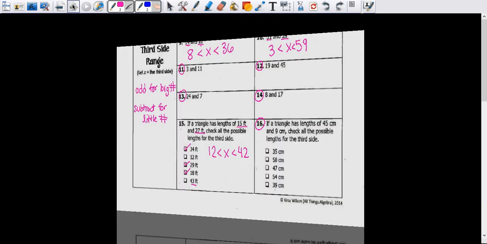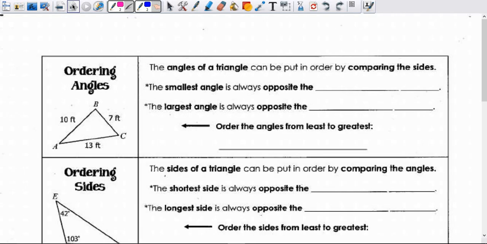All right. So now the last part that you will have to do with the triangle inequality theorem is order angles or order the sides. So the angles of a triangle can be put in order by comparing the sides. The smallest angle is always opposite the smallest side.